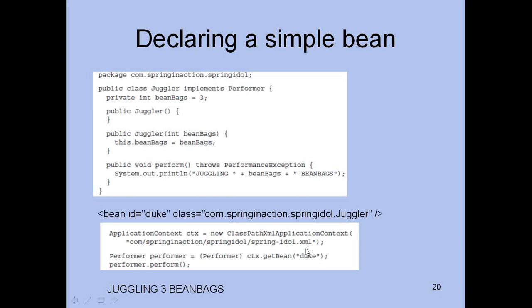Reference you would say when you are injecting that bean into some other bean. So here you are passing the bean ID. Once you pass that, you know that you are going to get a performer bean, because that Juggler implements Performer. So that is of type Performer. You need to typecast it, otherwise you will get a simple object. So once you get the Performer, you call the perform method, which prints juggling 3 beanbags.